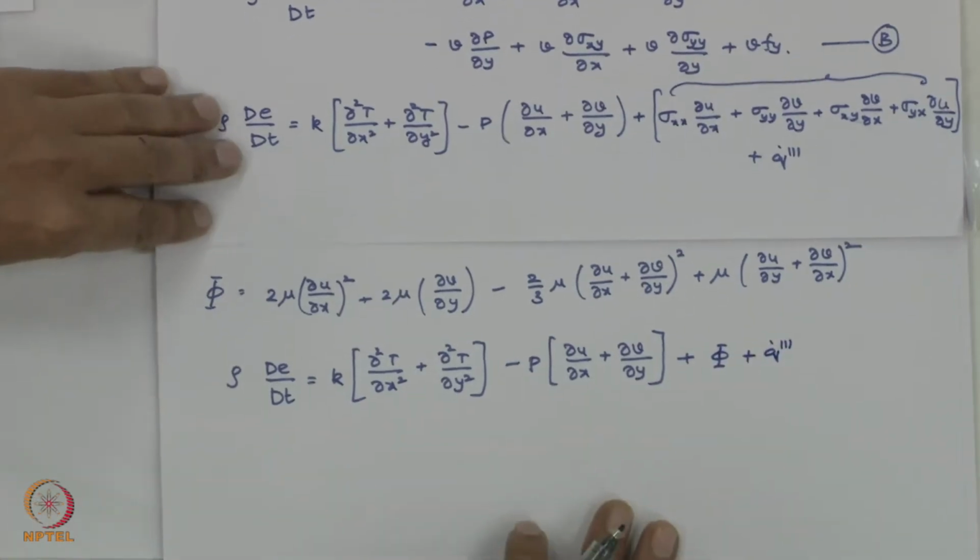Now, the only final thing left is to reduce this dE by dt in terms of temperature. How do we do that?